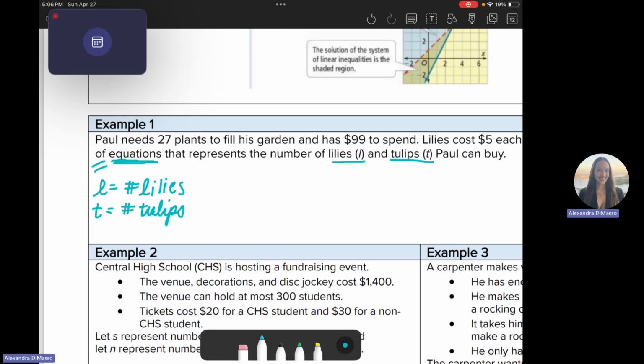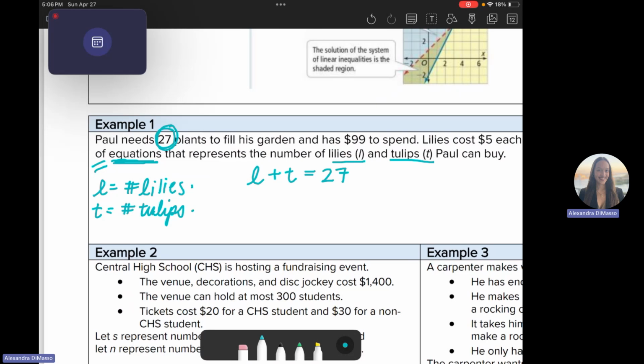Now I know in total Paul needs 27 plants to fill his garden. So already I know I can write one equation that just says the number of lilies and number of tulips needs to equal 27, right? That's easy peasy. So number of lilies plus number of tulips equals 27. Okay, there's my first equation.